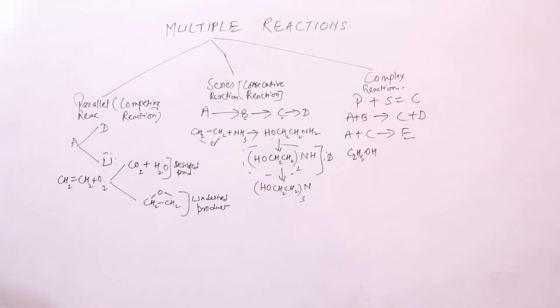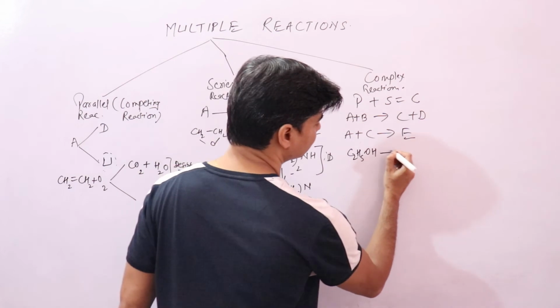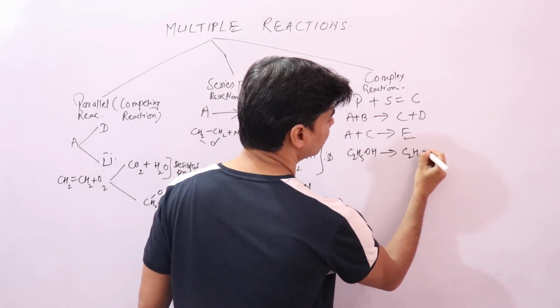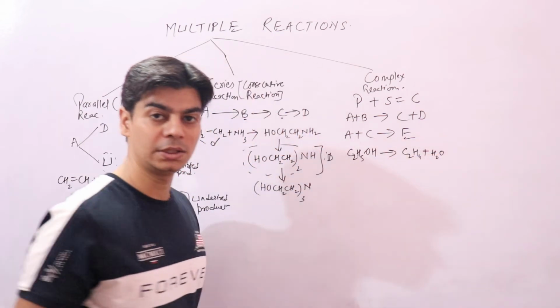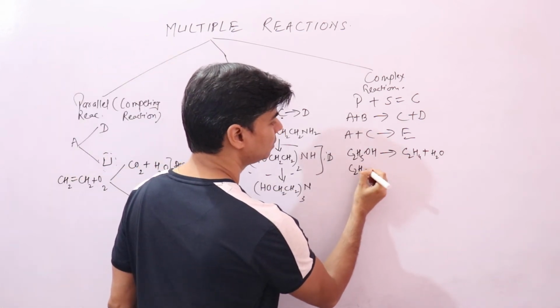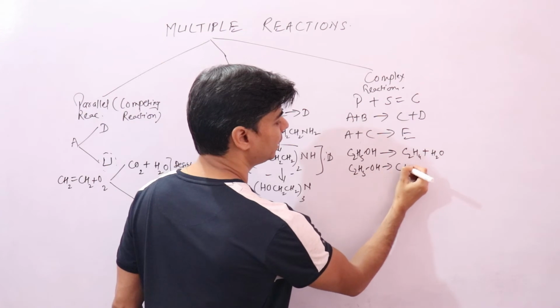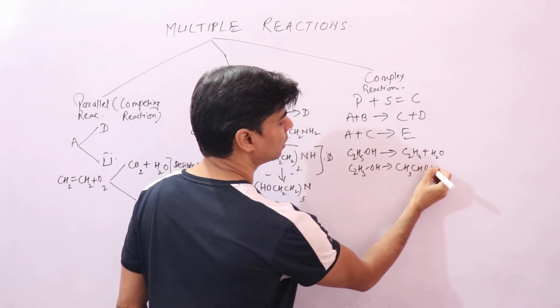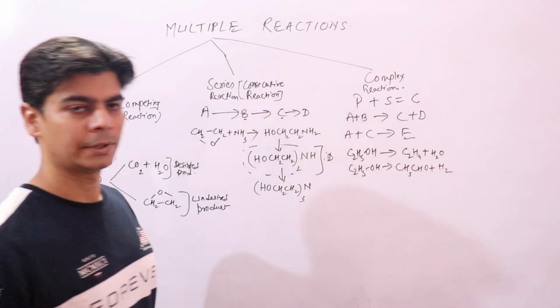Now just see what parallel and series reactions are taking place. Ethanol will form ethylene and water in one reaction. In another reaction it will form acetaldehyde and hydrogen, right?